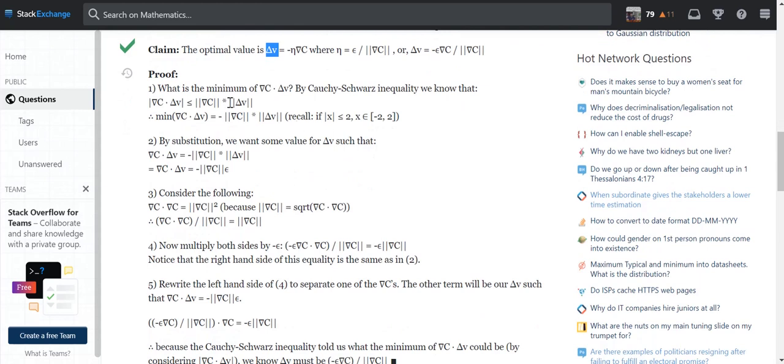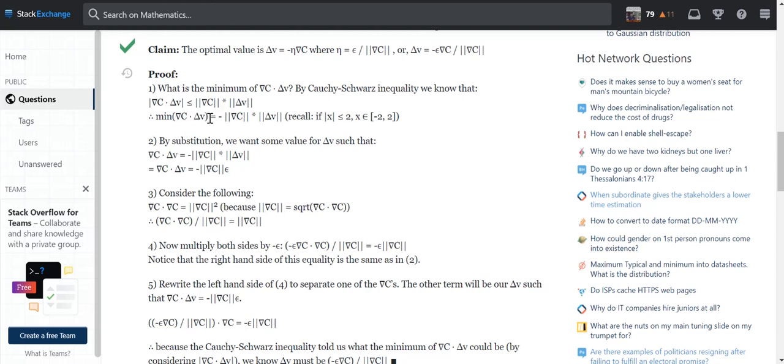So what is the proof? First of all, this is the basic form of the Cauchy-Schwarz inequality. Using it, we can show that the modulus of the dot product of two vectors is always less than or equal to the product of their individual norms.